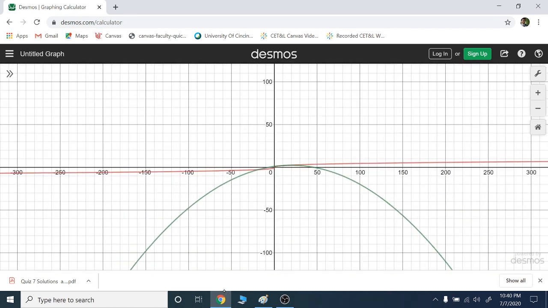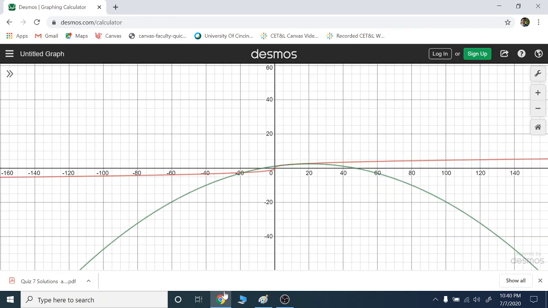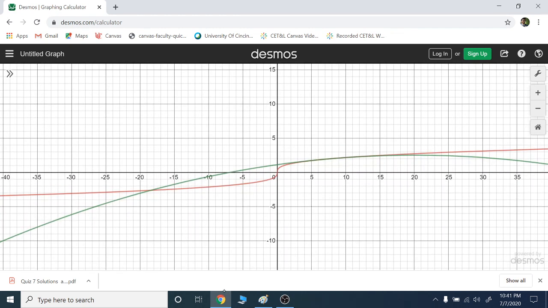Now the red colored graph is the original function and the green colored graph is the second degree Taylor polynomial. And you can see that within this region, and if I zoom in one more time, see here in this region, the two graphs overlap with each other.